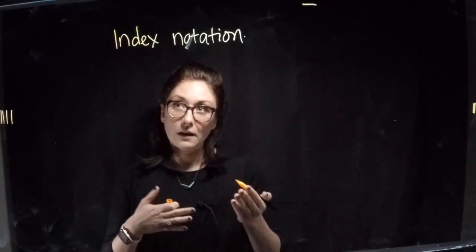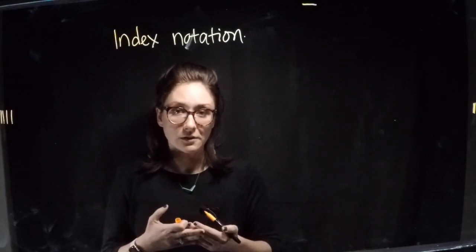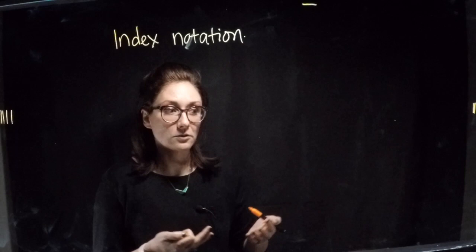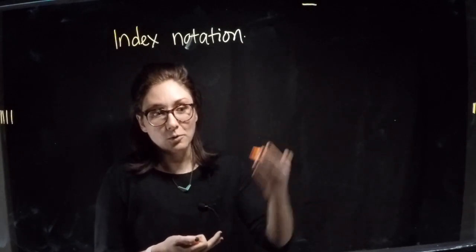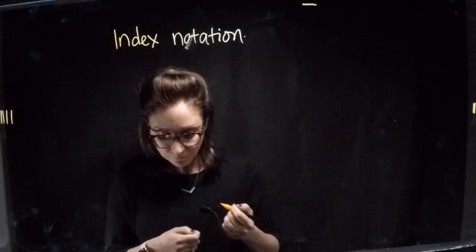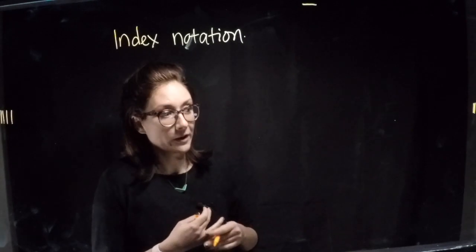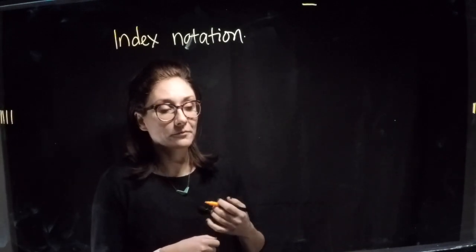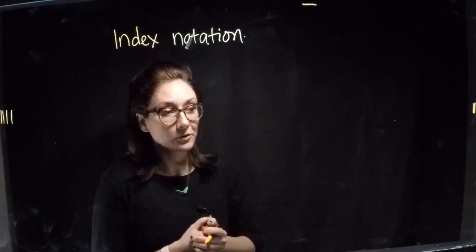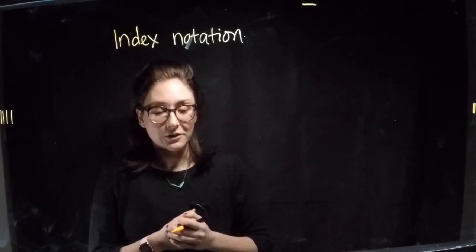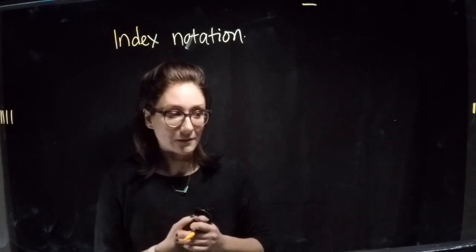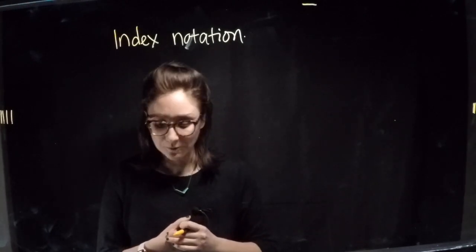On the other hand, index notation allows us to write it just as one equation where we're using this shorthand to imply an equation in all three directions. I also find that it's useful for not having to remember really helpful and common vector identities. And so I hope you find it as useful and as helpful as I do.